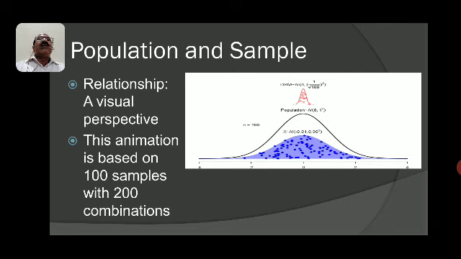If you look into it, the relationship is like that. The upper curve, the black line, is for the population, and those dark blue dots which are moving around are something like 100 samples. Out of the total population, any 100 samples are taken, and the characteristics are not changing beyond the total population characteristics.